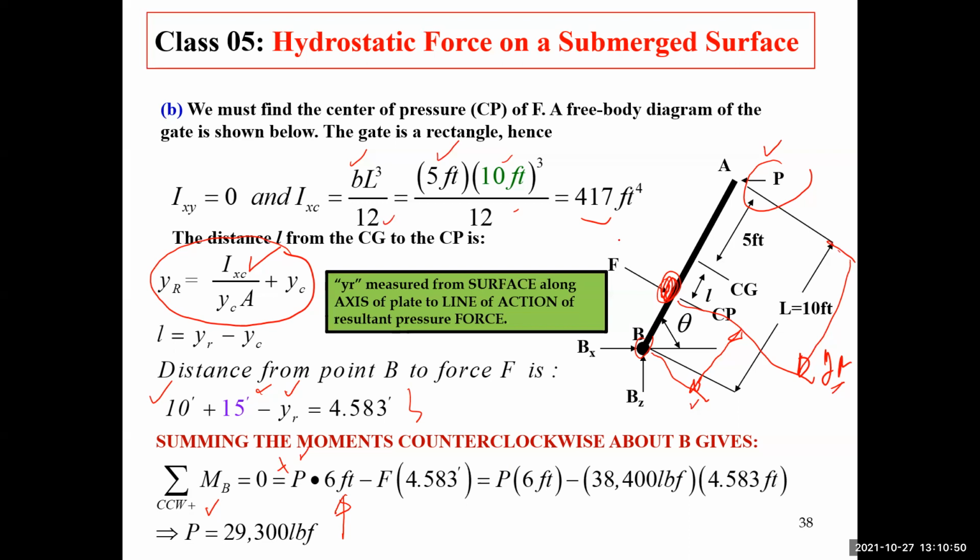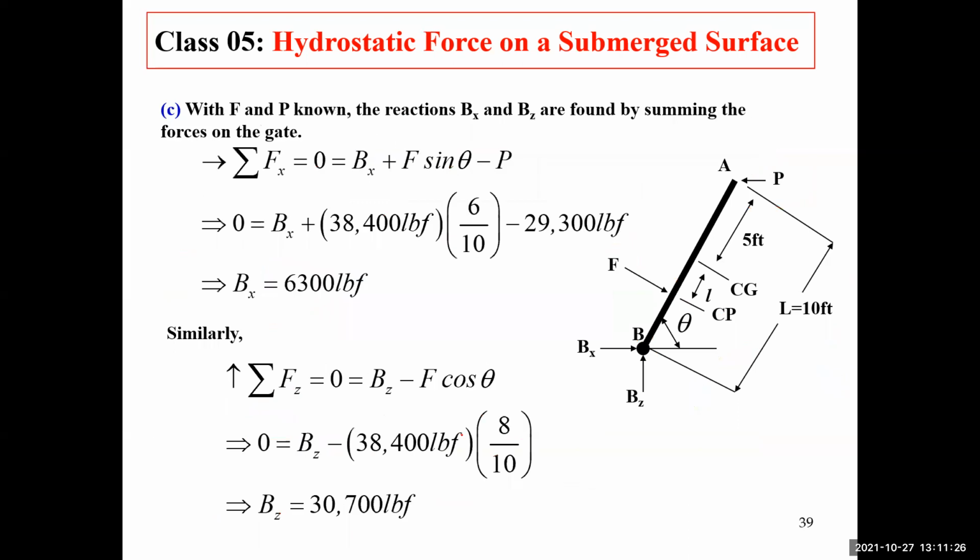Now, my pressure force at F creates a clockwise rotation about point B. And so that's opposite to my assumed direction, which is positive. So that's negative F times the perpendicular distance between the line of action of the force and the point of rotation. And that distance, which I found now, is 4.583 feet. So this gives me one equation to find the value of P.